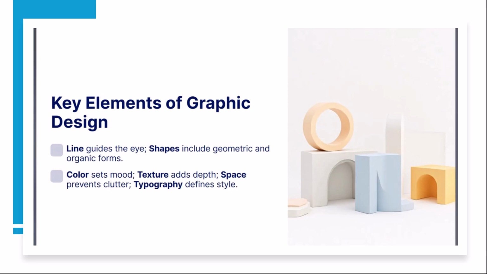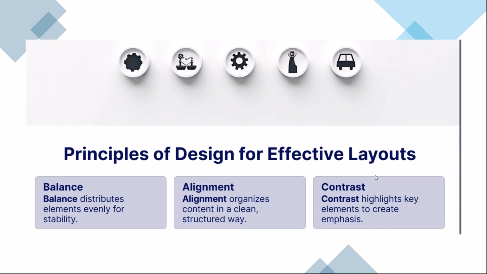Why is the space applied? It is applied so that it will reduce what? Clutter of text and improve readability. Okay. Also, as an element, we have typography, which defines the style of your text. We have several types of typography, which we will be looking at in further sessions of this video.